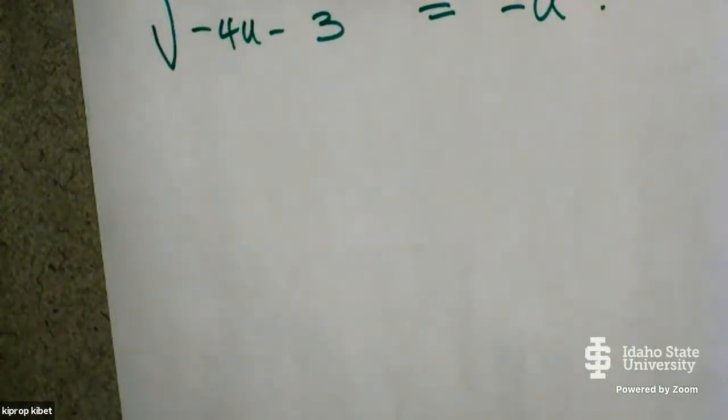The square root of minus 4u minus 3 equals minus u.